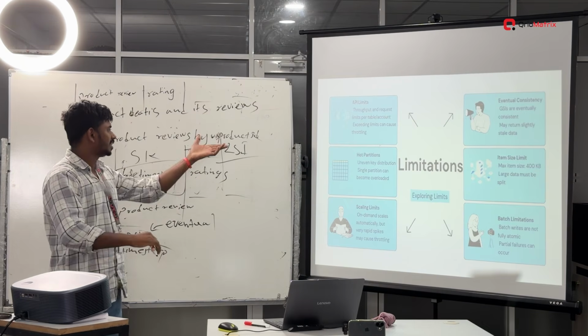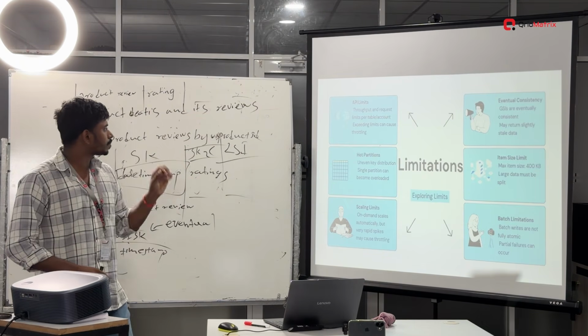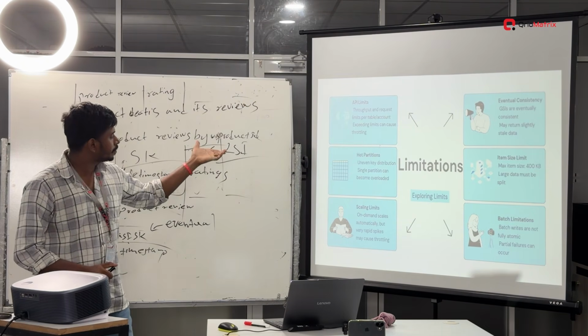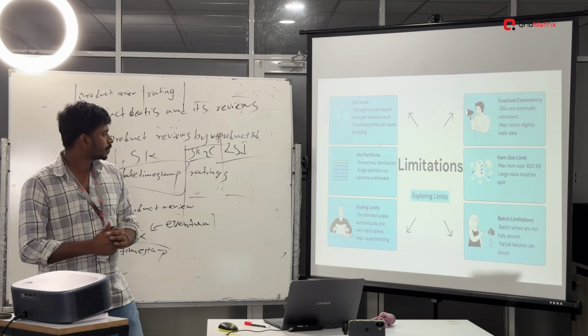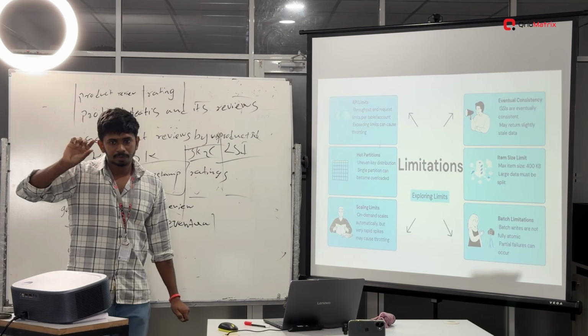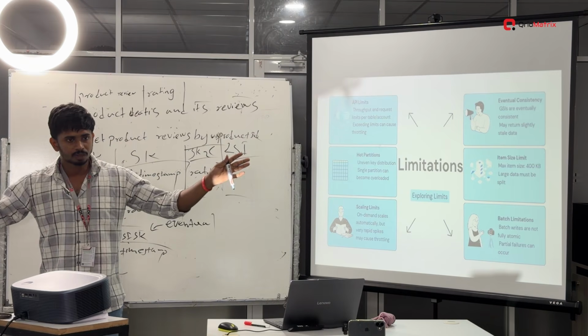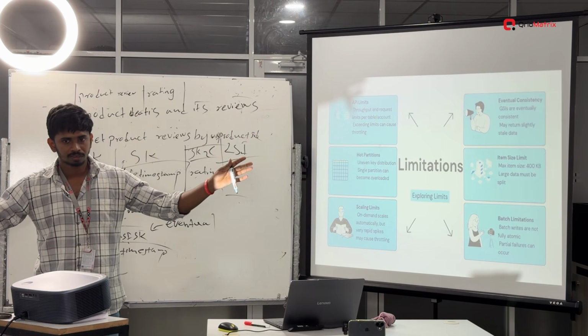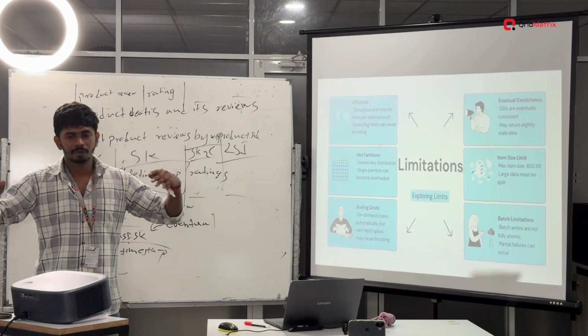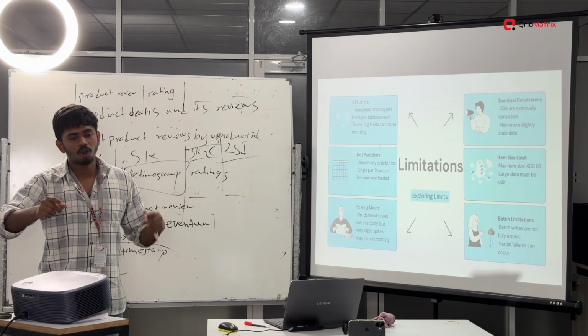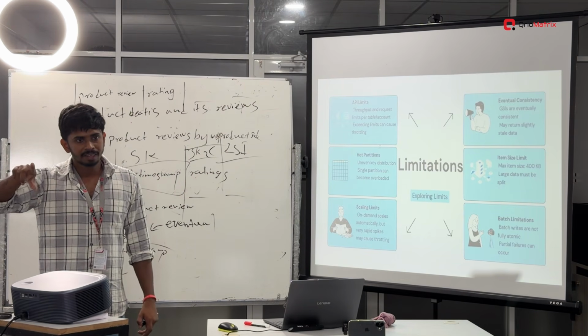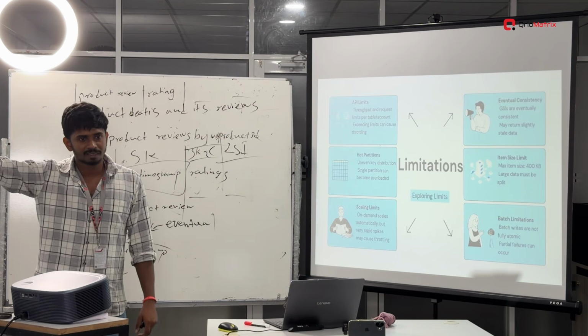In here we have one partition key. We can distribute it to other partitions also, right? When it comes to writes, it always goes to the leader. It's not going to other replicas.